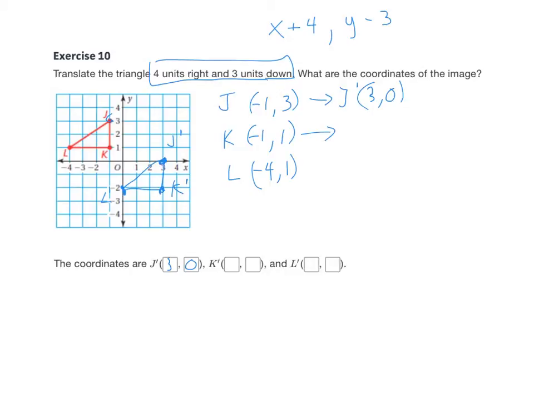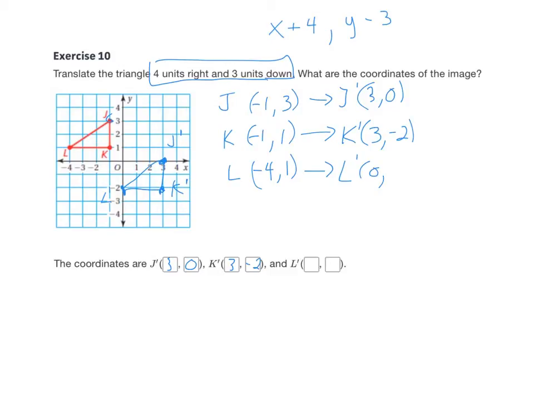K, I'm going to take my x value and I'm going to add 4. So negative 1 plus 4 is 3. And my y value I'm going to minus 3. So 1 minus 3 is negative 2. So K prime is 3, negative 2. And my L prime, and remember we're just taking the x value and we're adding 4 to it. So negative 4 plus 4 is 0.